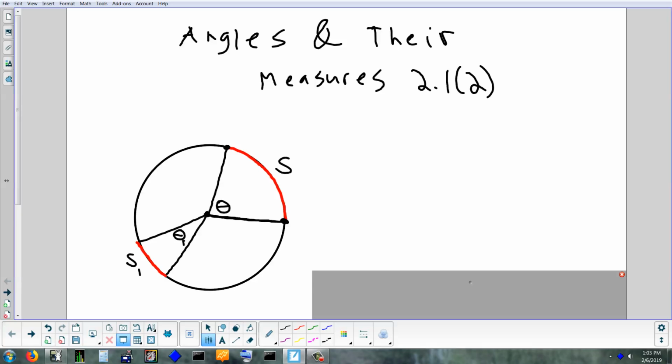So, because the size of an angle and the size of the arc it makes are directly proportional, we can set up a proportion. So let's set that up. There's lots of ways you can set up the proportion, as long as you're consistent on the left and on the right. So I'm going to start on the left-hand side like this.